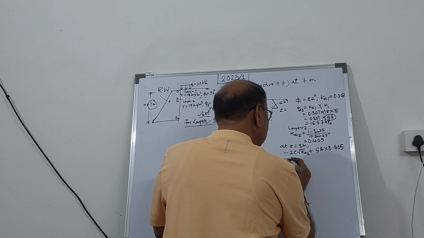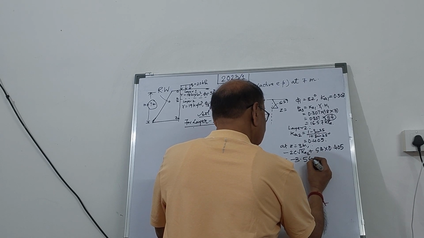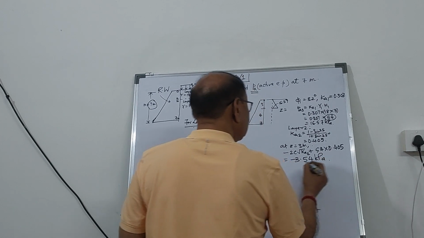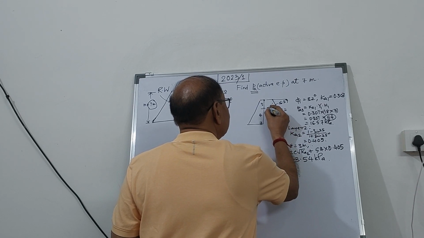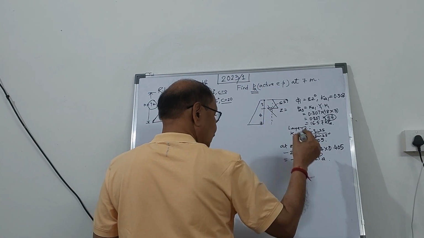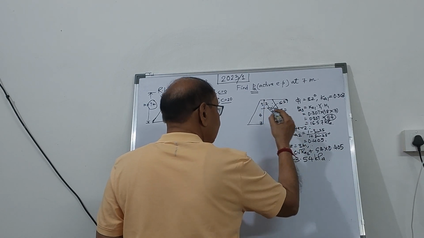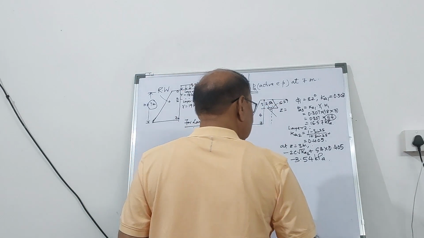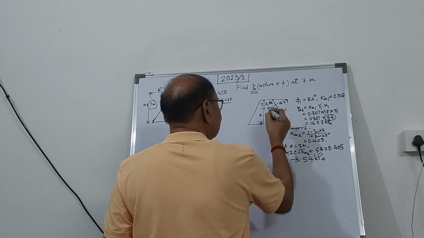This gives you minus 3.539, so the pressure here is negative. And this negative pressure at the top is going to be 3.54 kilopascal.